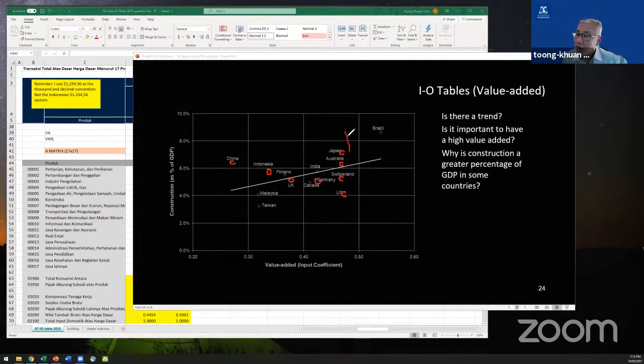Okay, first question. Why is Japan having such a high percentage of GDP, whereas some of the other countries, like Taiwan, have a small construction percentage of GDP?